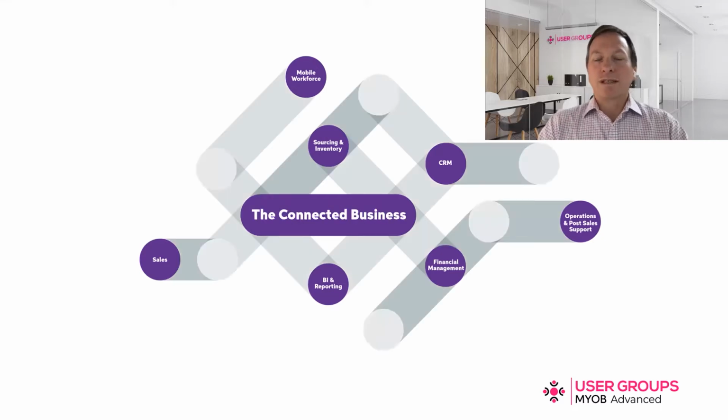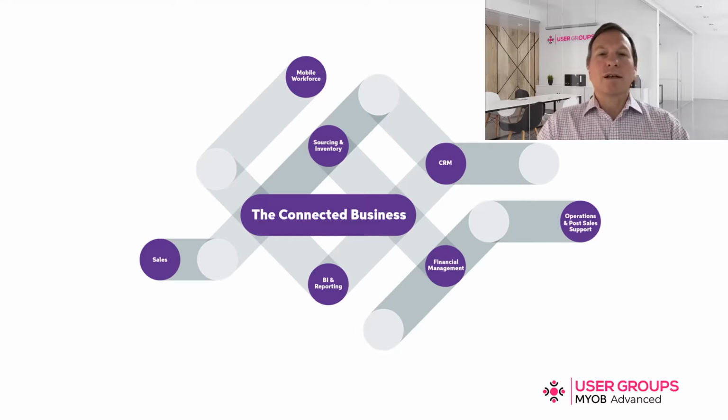Firstly, the connected business concept is about bringing connectivity between those, either where all of that data resides within a single system, of course being MYOB Advanced, or where we're leveraging integrations and the industry-leading API-based approach to integrations that Advanced offers to create a seamless flow between these systems.